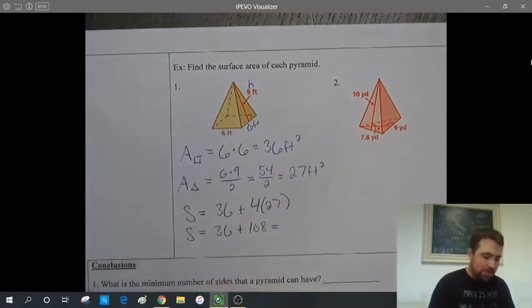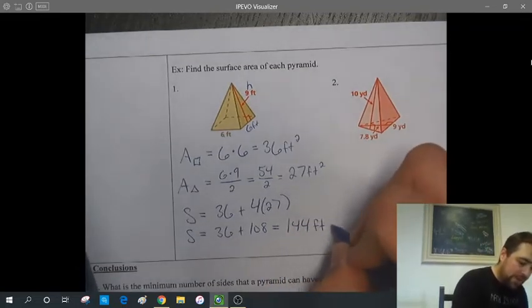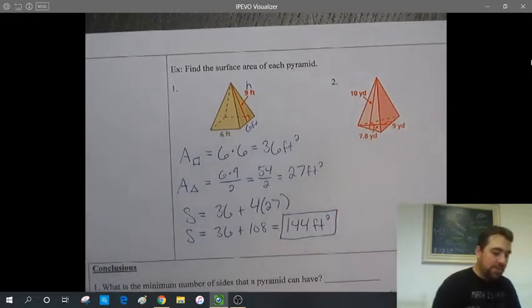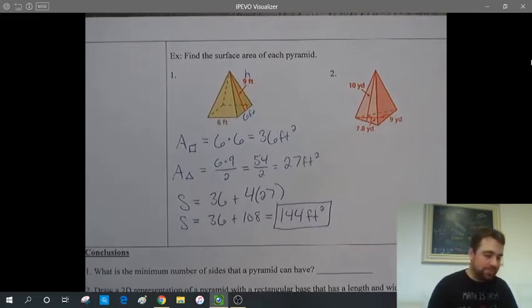And so all in total, 144 feet squared was the measurement, square units for area, and so the surface area of this pyramid, 144 feet squared.